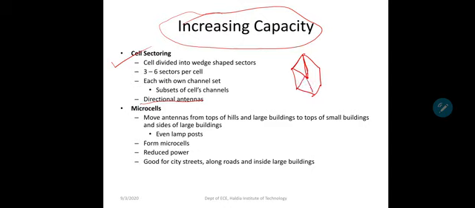So each cell is divided into a number of sectors, and the maximum possible number of sectors is 6, and the number of sectors ranges from 3 to 6.